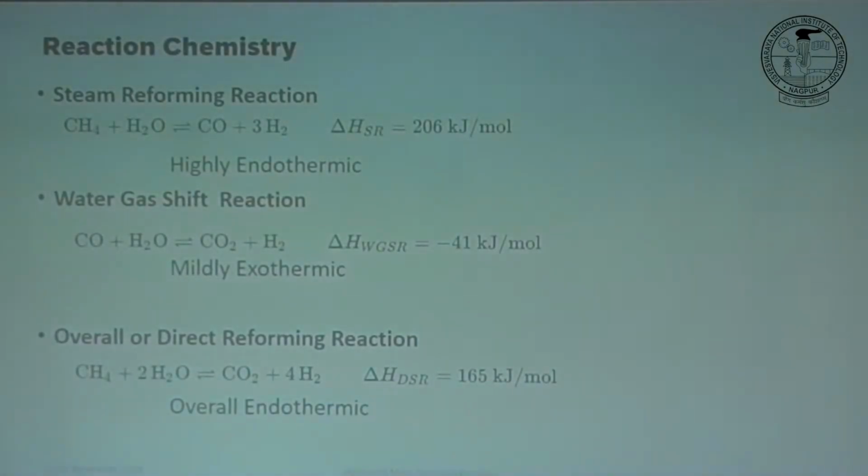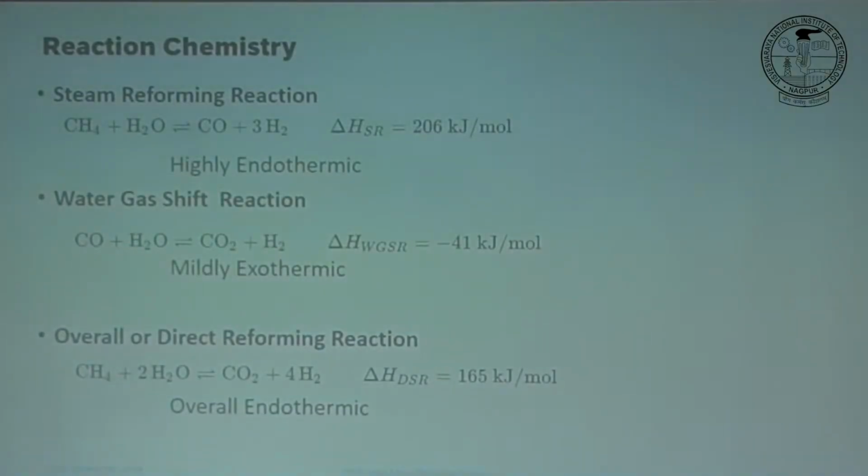So there are three major reactions in this SMR process. The first one is steam methane reforming. So CH4 and a lot of steam you put in, it will be converted to CO and hydrogen. Apart from this, there is also a water gas shift reaction where the produced carbon monoxide reacts with the water and produces further hydrogen gas.